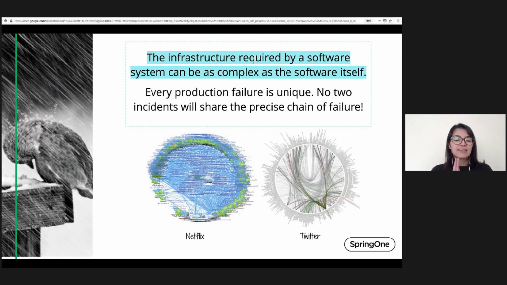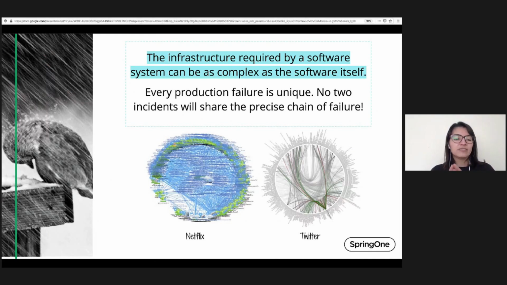The experience has shown that many things will go wrong in the infrastructure and in the architecture required to deploy a software system. Incidents such as those I reported have shown us any infrastructure is vulnerable to failure. The challenge here is that every production failure is unique.